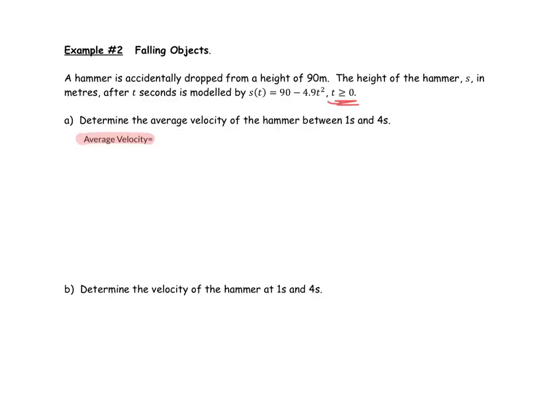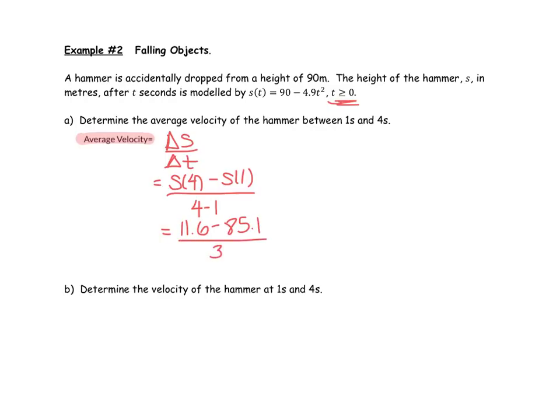So we know that our average velocity equals our change in height over our change in time. So that's equal to s at 4 minus s at 1, all over 4 minus 1. So I get 11.6 minus 85.1, and we should be good with subbing in our values and evaluating.